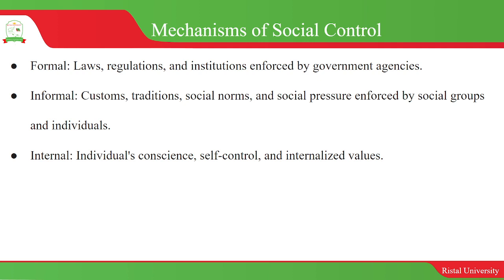The formal ones, which are basically government related, where we have laws, regulations that are enforced by government agencies. Okay. And then we have informal, where the clan head, the chief, the landlord, they can pass traditions, norms, and social customs that they want people to conform to.